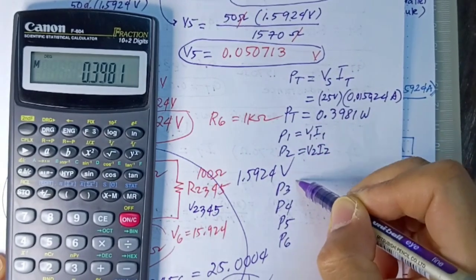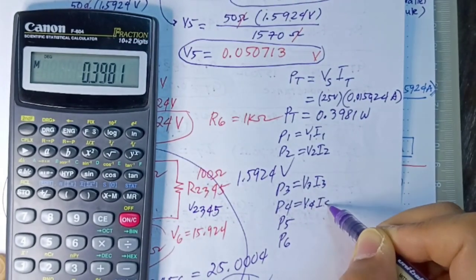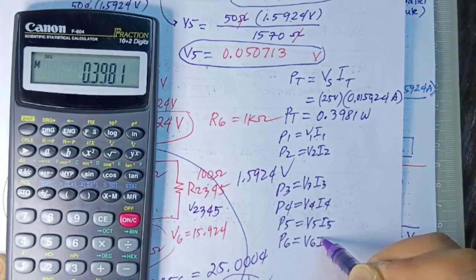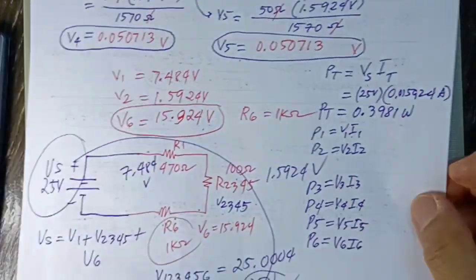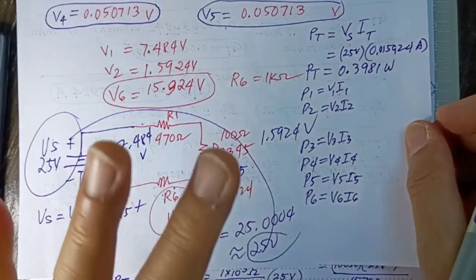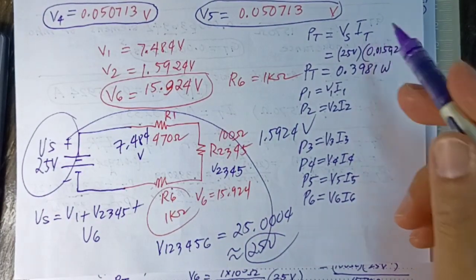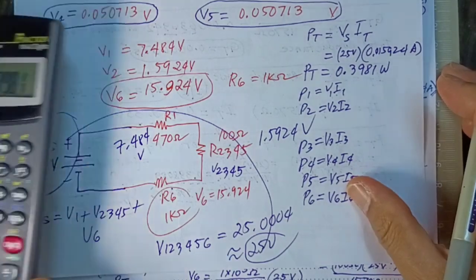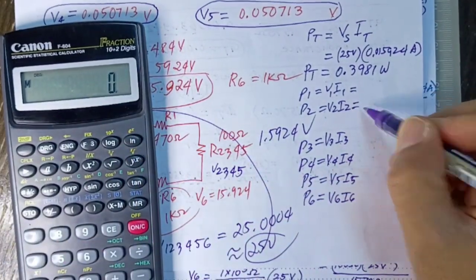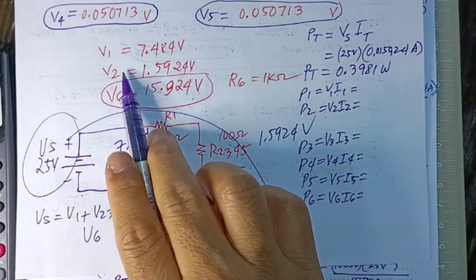Now P1, P2, P3, P4, P5, P6 will all follow the same formula. VI: V1 I1, V2 I2, V3 I3, V4 I4, V5 I5, and V6 I6. I have shown you before in the other example that we can use 3 formulas for our voltages, but I'll be using only this formula, VI, which is easier than the other 2. So if we will analyze this, what's the value of our voltages?